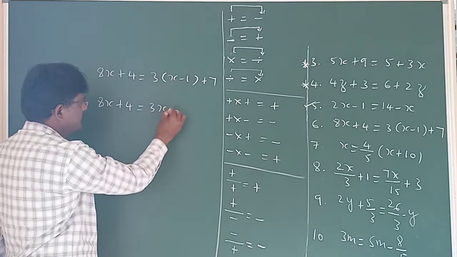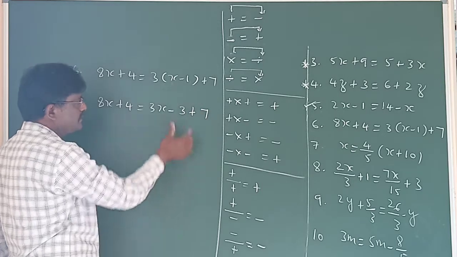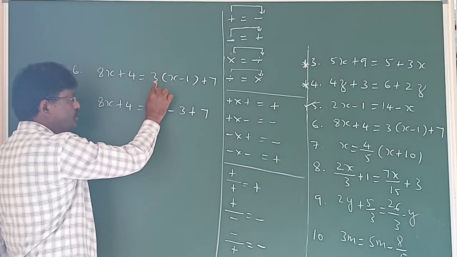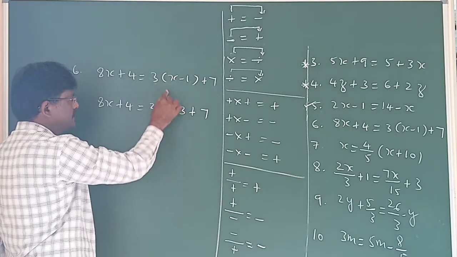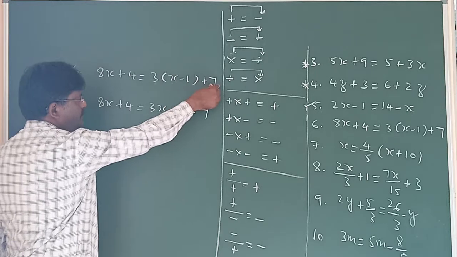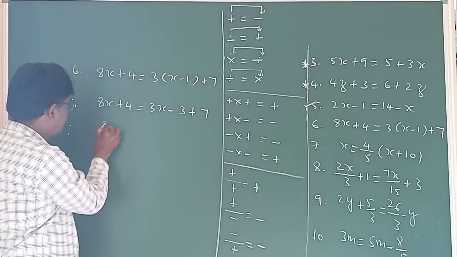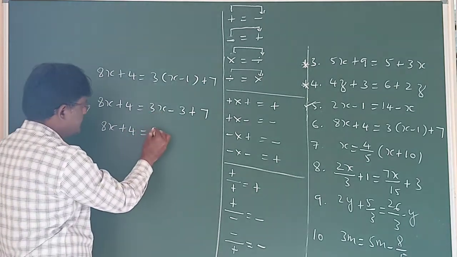Therefore, 8x plus 4 equal to 3 into x plus into minus 1, 3 ones are 3, plus 7. Here we have to multiply only this binomial with this constant 3. Therefore, do one more step. 8x plus 4 equal to 3x.